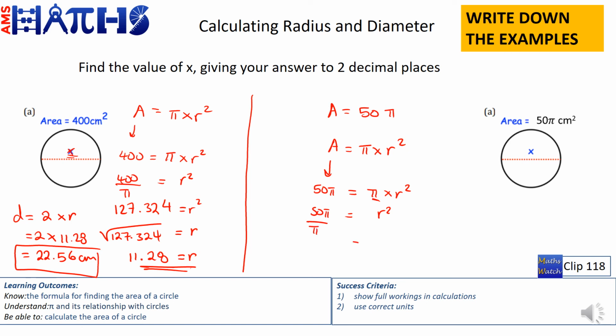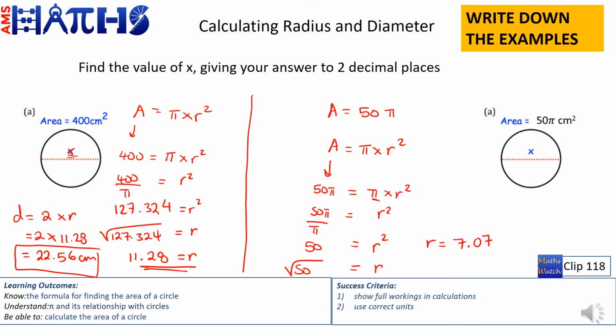And when we put that in our calculators, we get 50. So our radius squared is 50. So to get the radius, we have to find the square root of 50, which is going to give me a radius of 7.07 to 2dp.